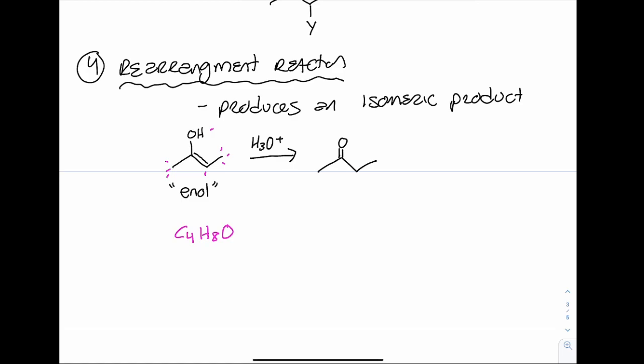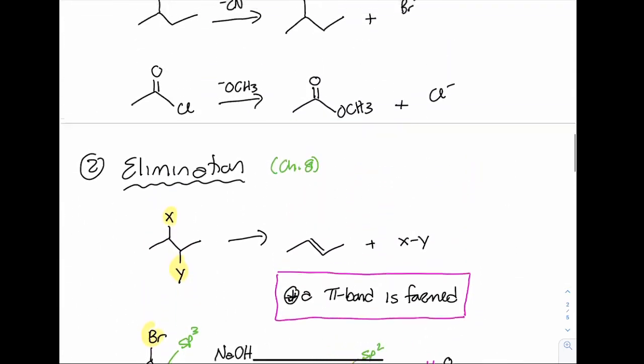And then if I look at my ketone, I still have 4 carbons. 1, 2, 3, 4, 5, 6, 7, 8. So 8 hydrogen, and then 1 oxygen. So those would be constitutional, or structural isomers of each other. So we didn't substitute, we didn't eliminate, we didn't add, we rearranged. So a rearrangement reaction.